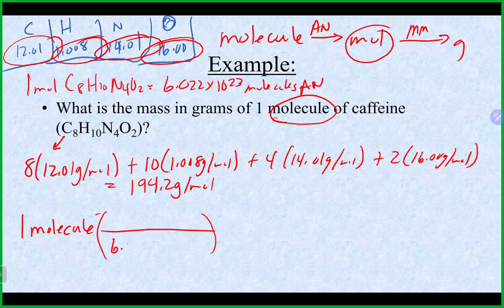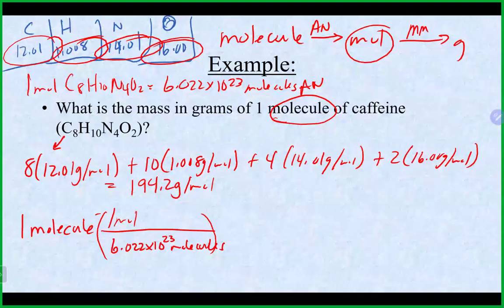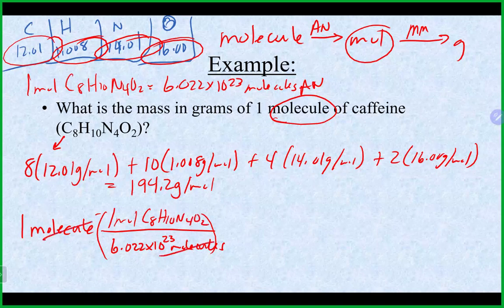That's going to put Avogadro's number on the bottom here, and 1 mole of our caffeine on top. If I stop the calculation right at this point, my molecules cancel, and now I need to take it from moles to grams using my molar mass.